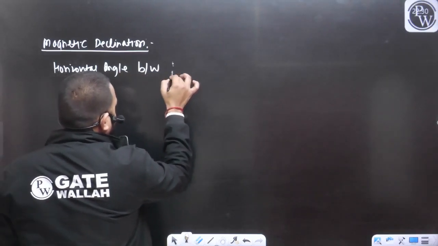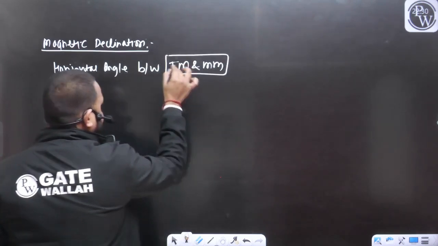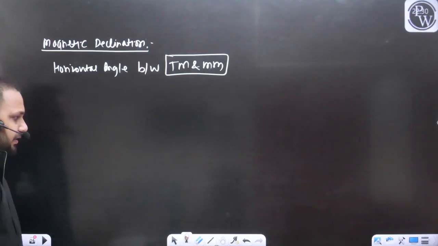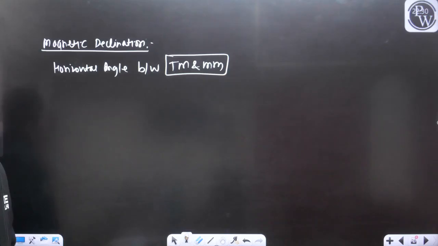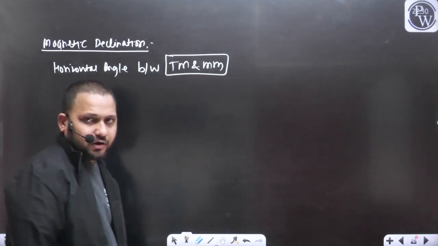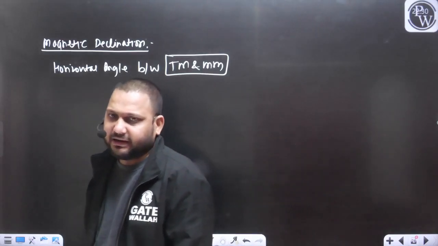It is the horizontal angle between the true meridian and the magnetic meridian. Please use the word meridian, not true north, magnetic north. It is the angle between the true meridian and magnetic meridian.